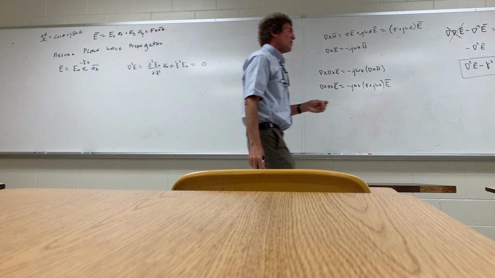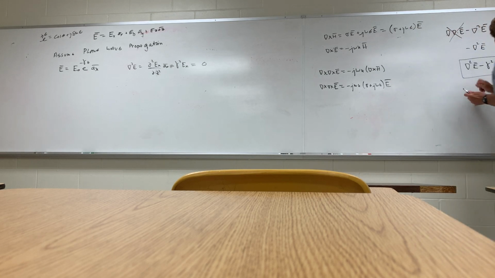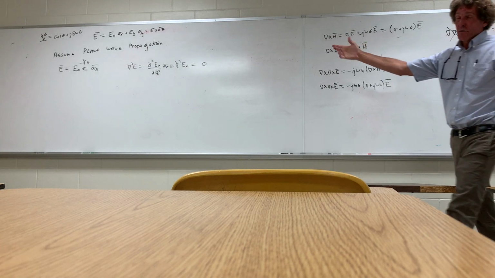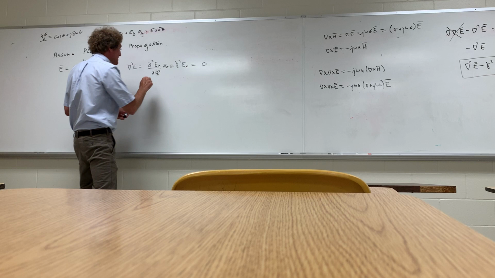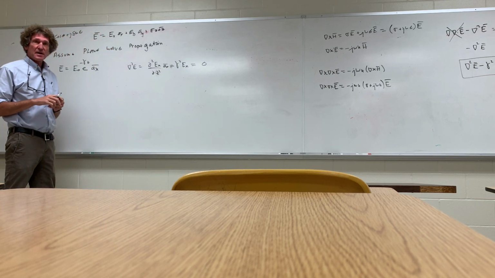I've replaced all those nine terms that would occur here with only one term because we have a vector that is only oriented in the X direction and propagating in Z. So the only derivative that's going to exist, survive, and not be 0 is going to be this one. You with me on this, class?